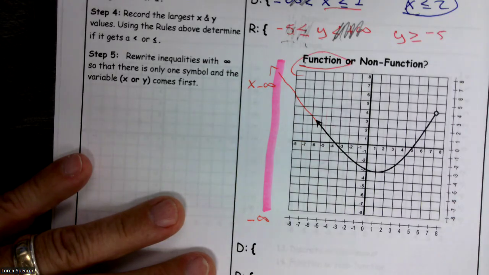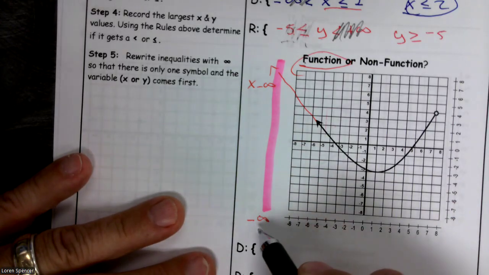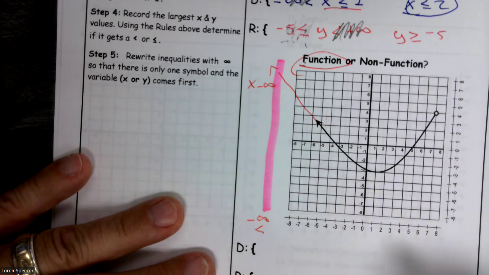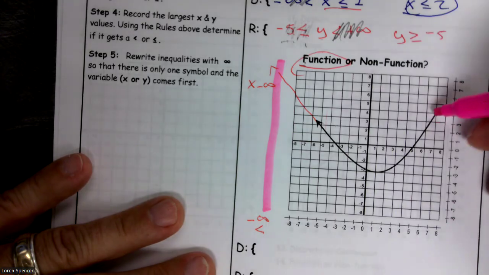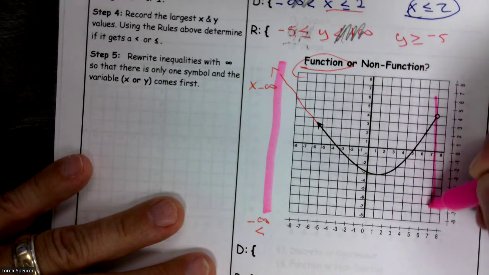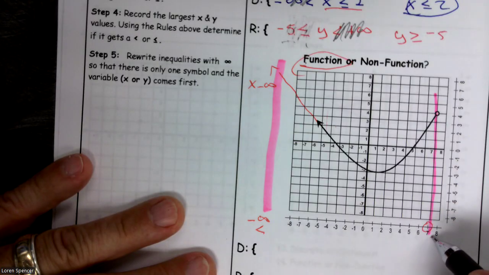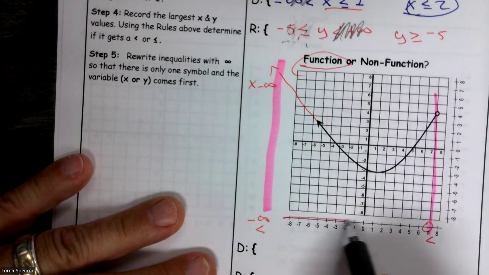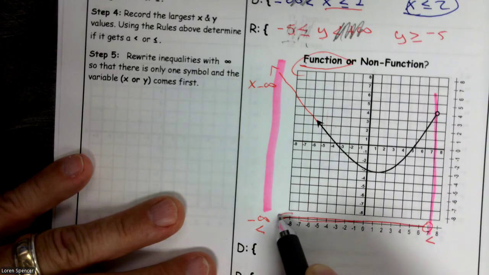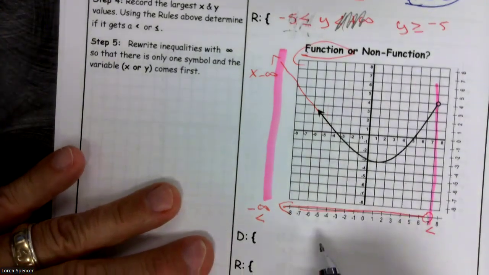Negative infinity, infinity always gets a less than, so this gets a less than. And we're going all the way to 7. 7 has a hollow, so we're putting a hollow here. So this is also a less than. And we're going in this direction with our arrow that way.